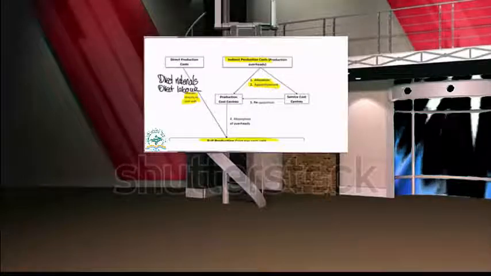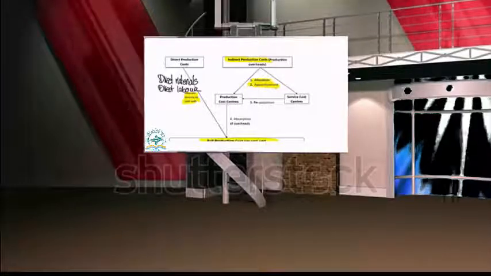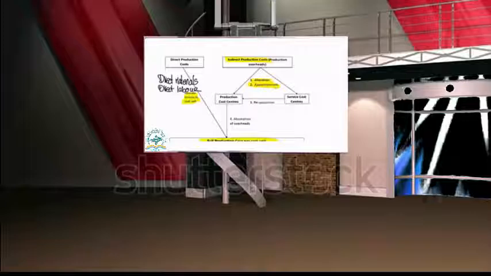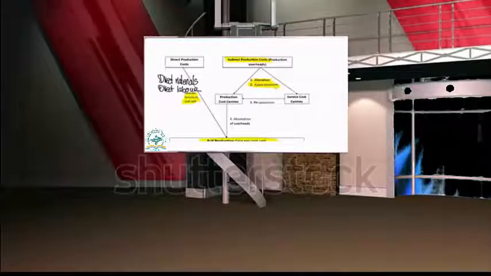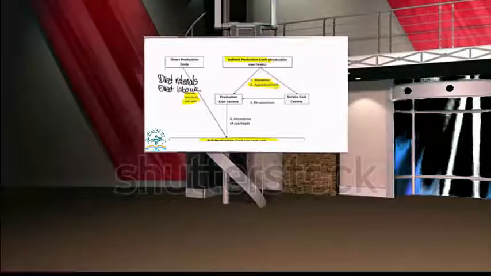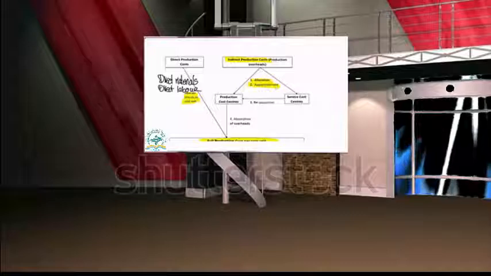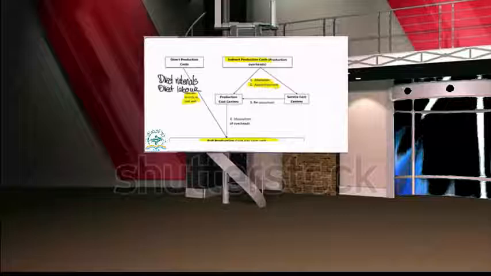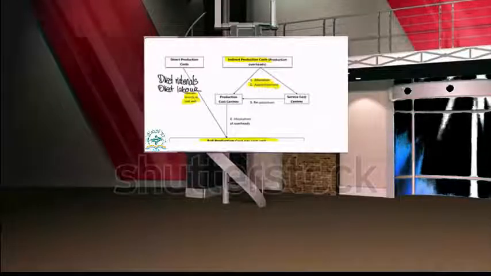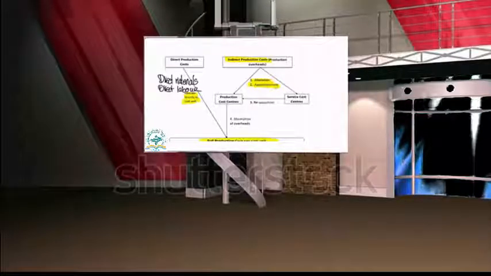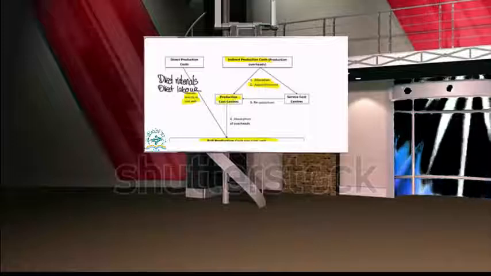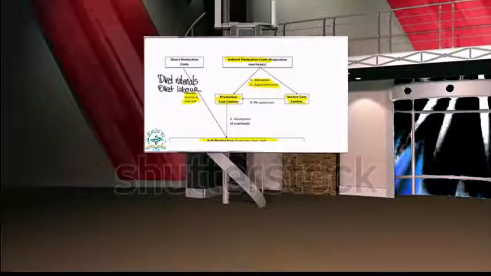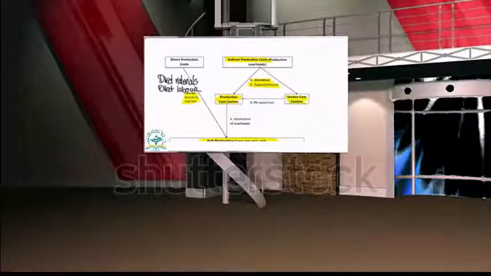So what we do is we start at the top with our total production overhead cost for our factory. And in our first 2 steps, all we are doing is finding some fair way of dividing those costs across each of our cost centres. So we have our production cost centres and our service cost centres.